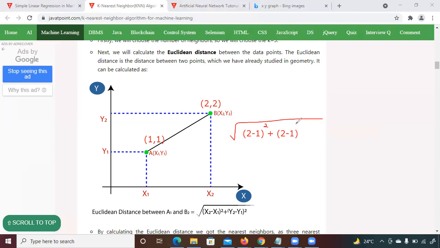So what are you going to get? 2 minus 1 will be 1, 1 square will be 1, plus 1. 2 minus 1 will be 1, 1 square will be 1. So you are going to get root 2.